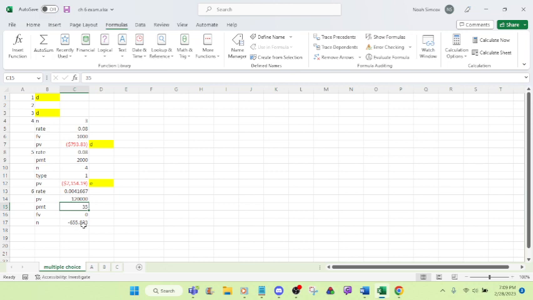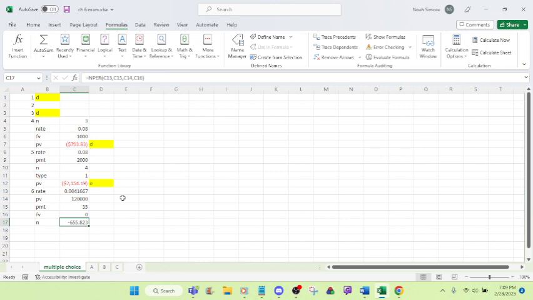Negative number. Yes, we got a negative number for the number of periods. How does this make any sense? How? Oh, you've got to be kidding me.